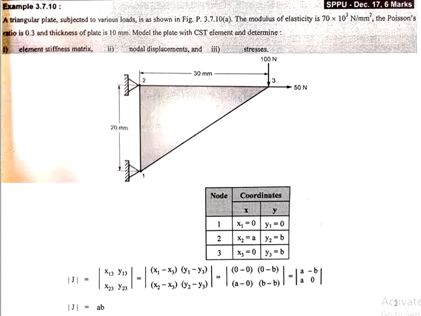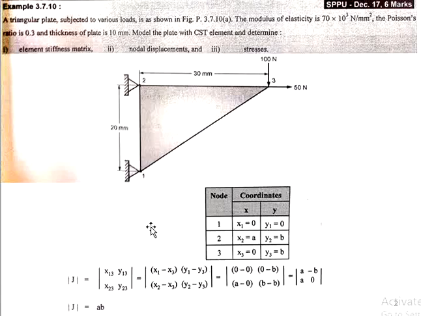The modulus of elasticity is 70 into 10 raised to power 3 Newton per mm square. The Poisson's ratio is 0.3 and thickness of plate is 10 mm. Model the plate with CST element and determine the element stiffness matrix K, nodal displacements and stresses.